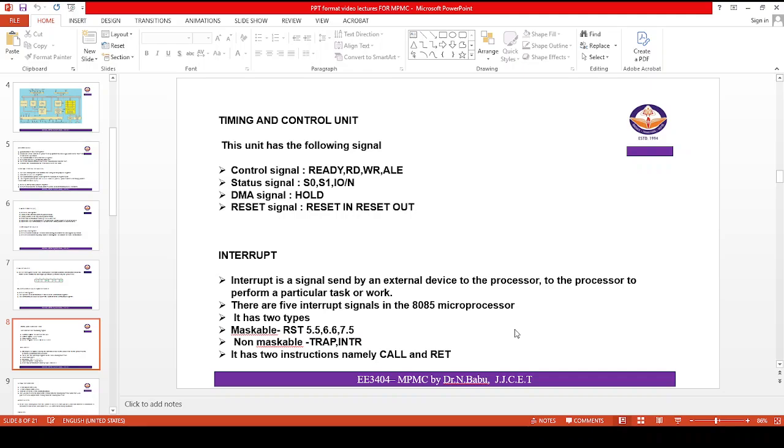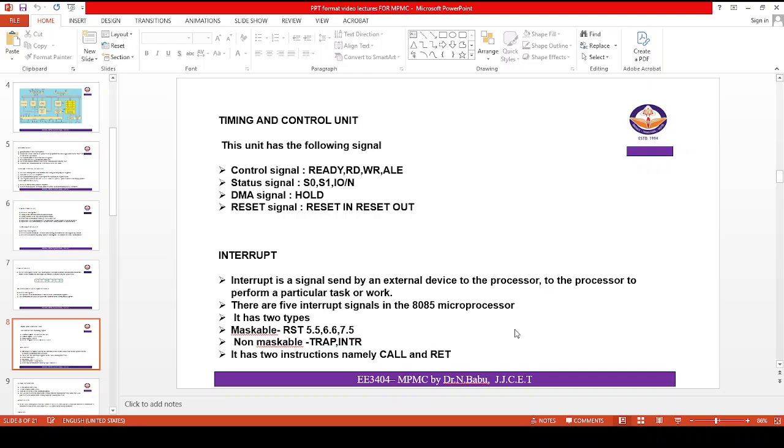If the DMA controller sends the hold request signal to the processor, the function of that hold request signal is that it needs the address bus and data bus. It is requested from the processor for the purpose of data transfer.